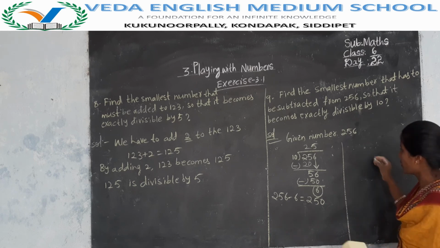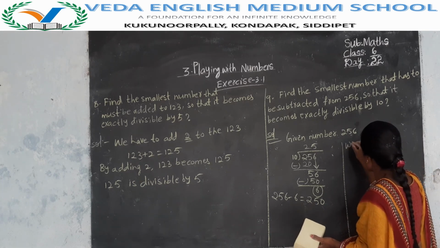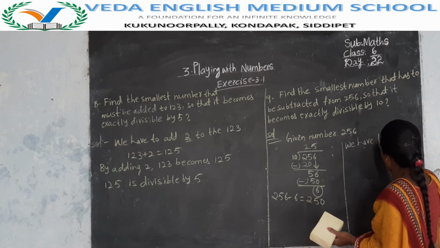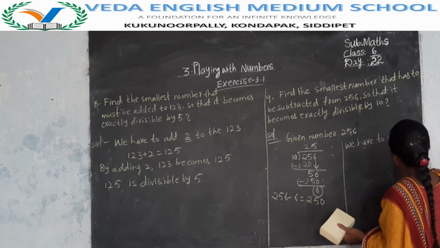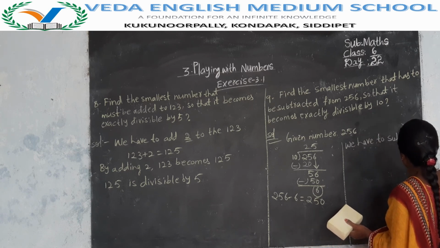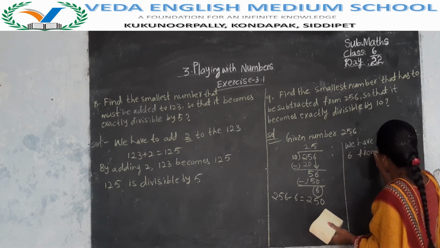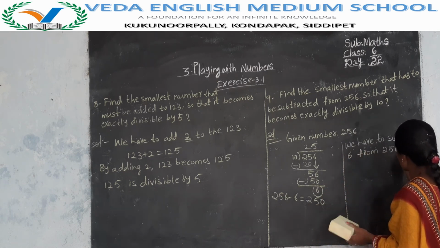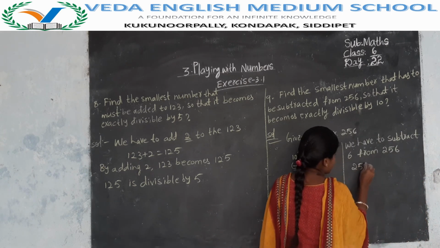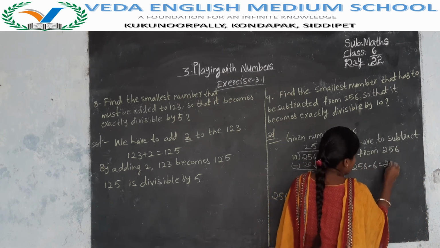Then what you have to write here? We have to subtract 6 from 256. So 256 minus 6 it gives 250.